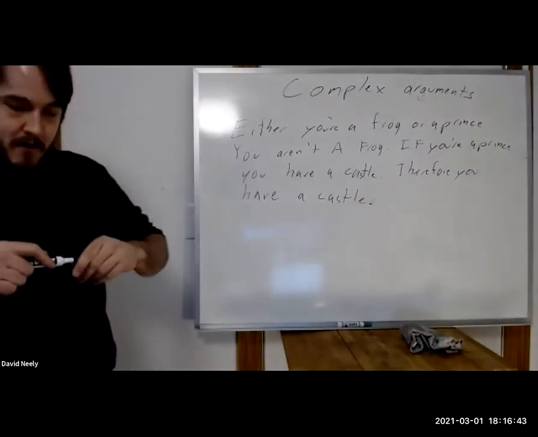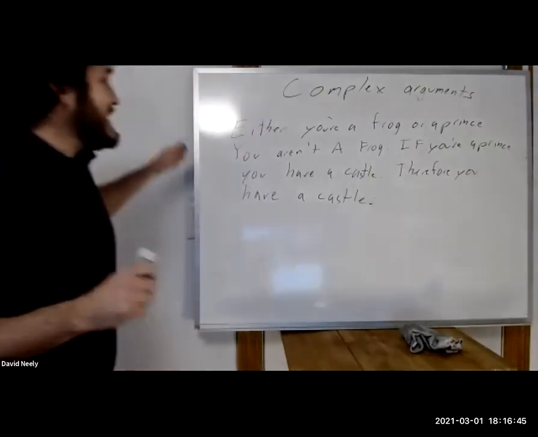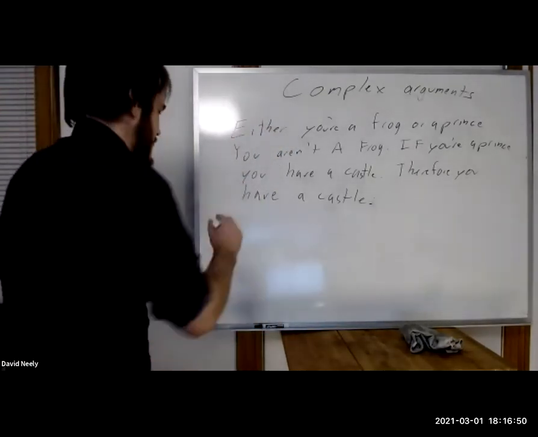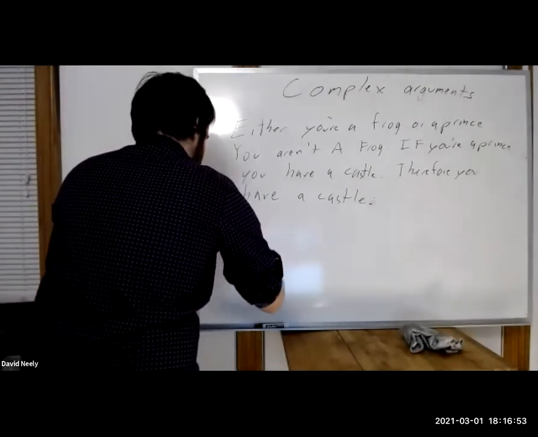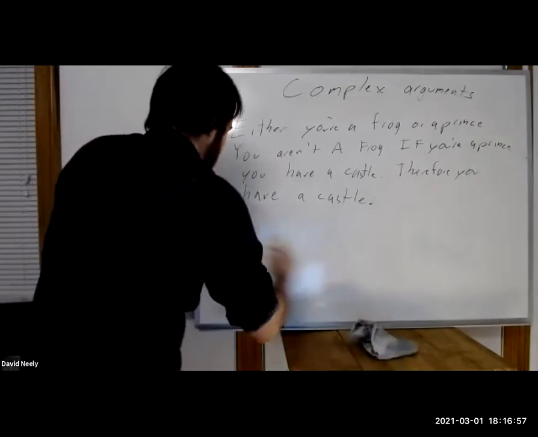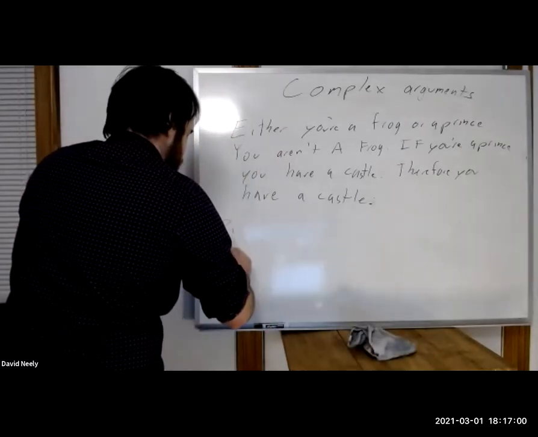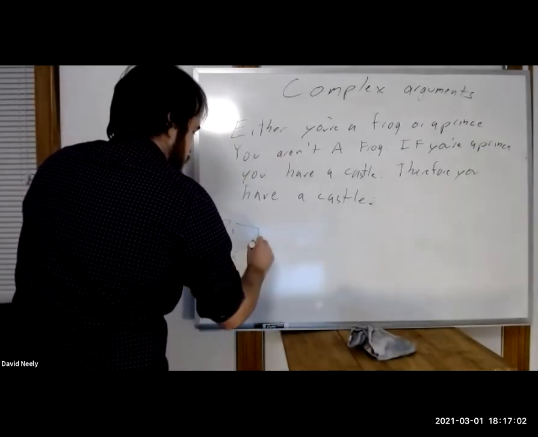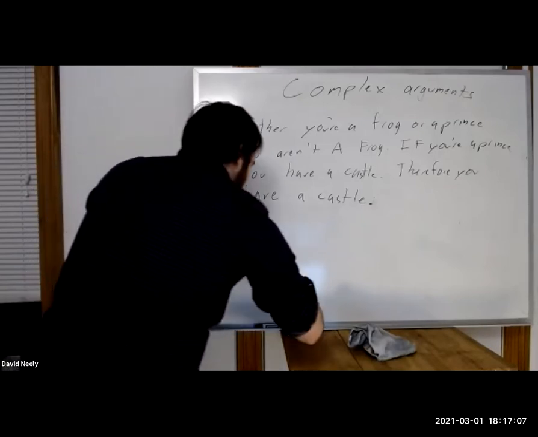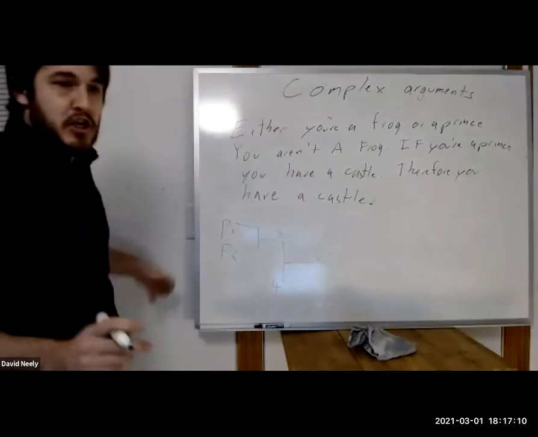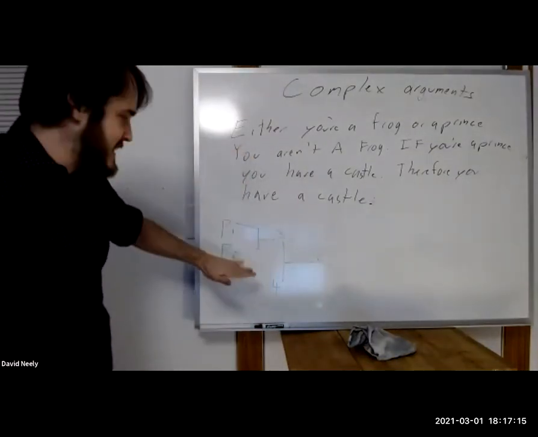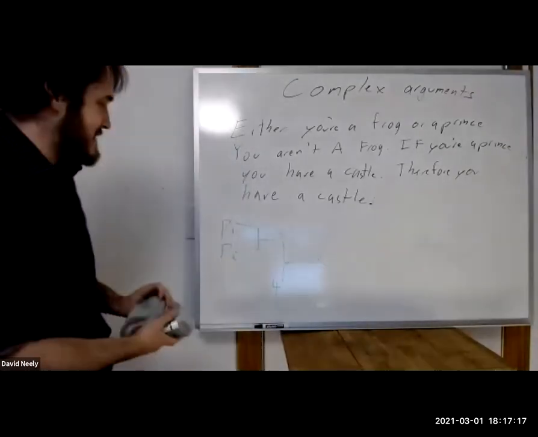So instead of just thinking of it as a bunch of premises, like the way we've been talking about it is as if it's premise 1, premise 2, conclusion, you think of it as premise 1, premise 2 leads into 3, and 3 combined with 4 leads to conclusion. So this is what I mean by a complex argument, where it's not just a list, it's rather a structure.